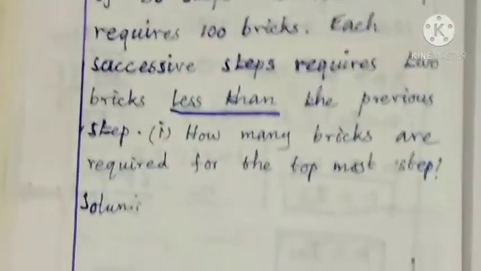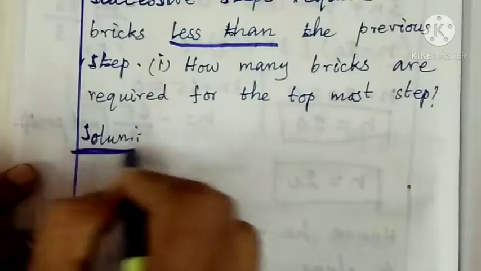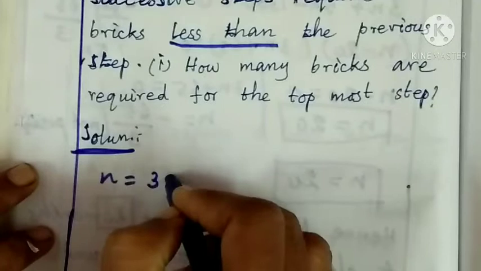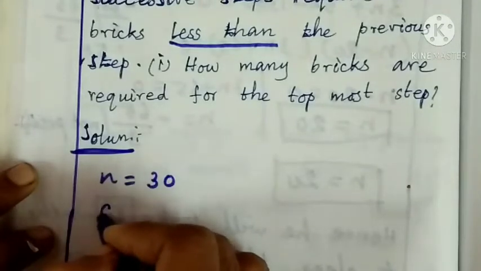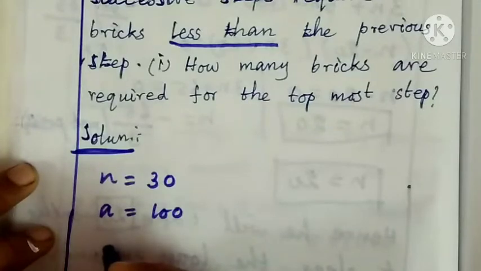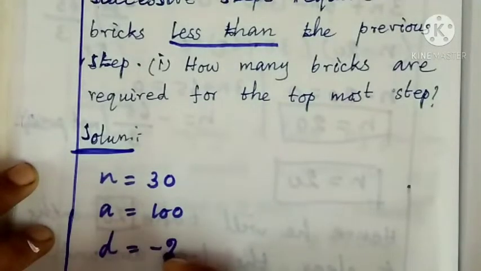Let us do the solution. First you take down and write the given. Here n is equal to the number of steps, 30. Then a is equal to 100 bricks. Then the common difference is less than, so minus 2.